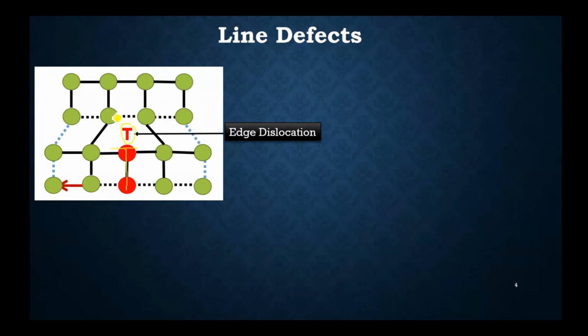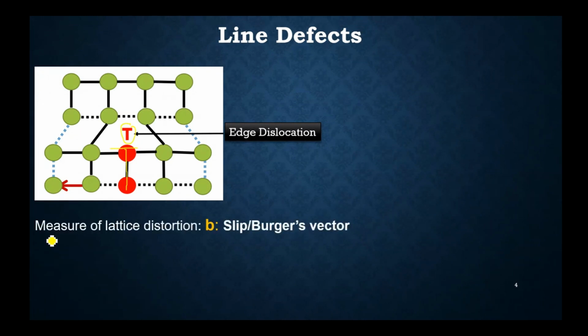And then we looked into the measure of lattice distortion, which is represented by b, the slip or Burgers vector, and we said that we move around the dislocation line, one complete movement along the dislocation line with an equal number of steps.